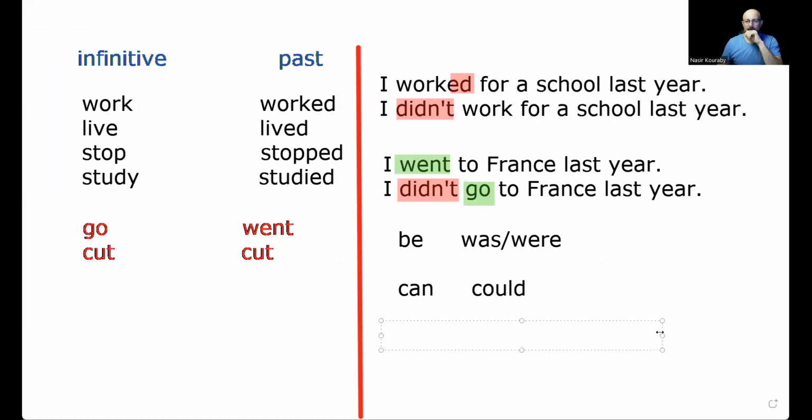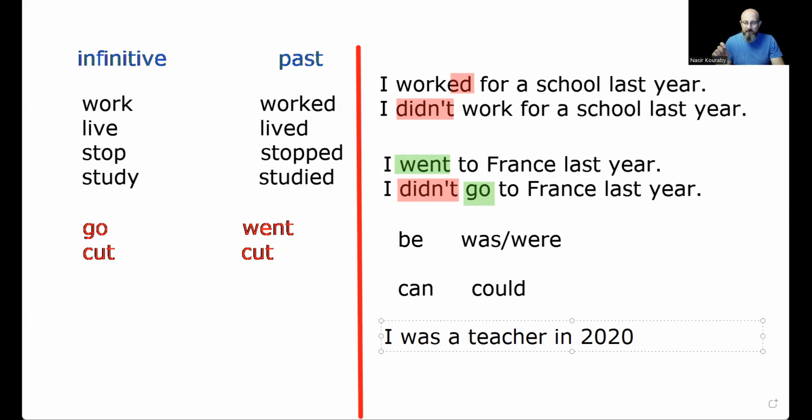If I say I was a teacher in 2020. Okay, so how can I make it negative? I guess easy, right? I wasn't a teacher, that's it.